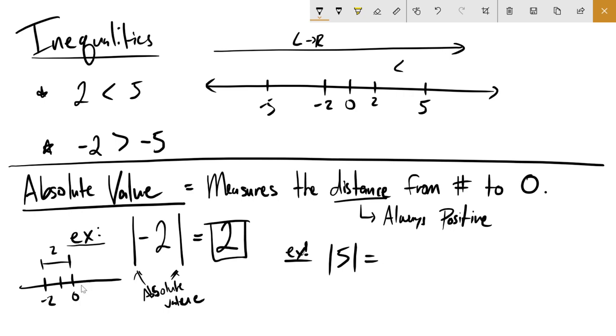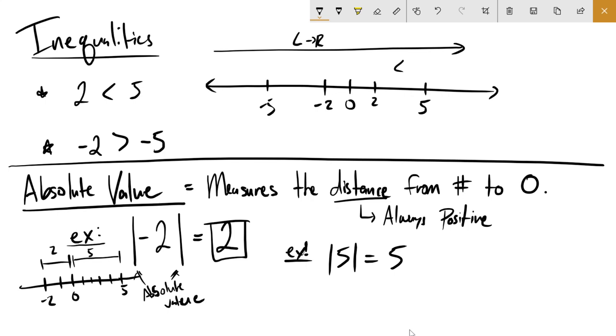What's it going to do? Well, how far do you have to walk from 5 back to 0? 5. It's always positive, so it just leaves positive numbers positive. So that's the moral of the story: the absolute value just turns everything positive. If it's negative, make it positive. If it's positive, leave it positive. But the reason why is because it's a measure of distance.